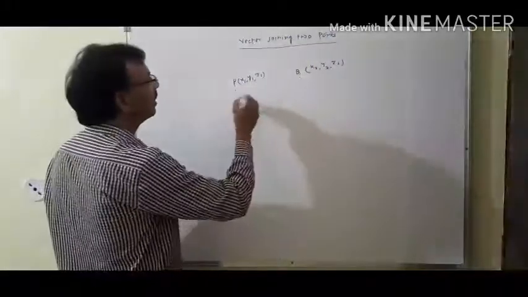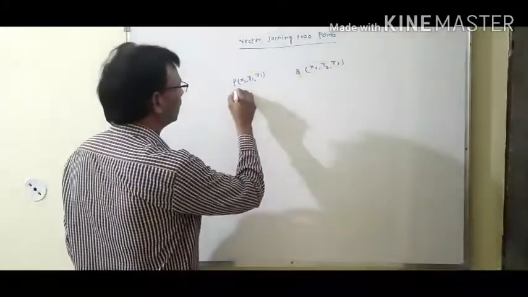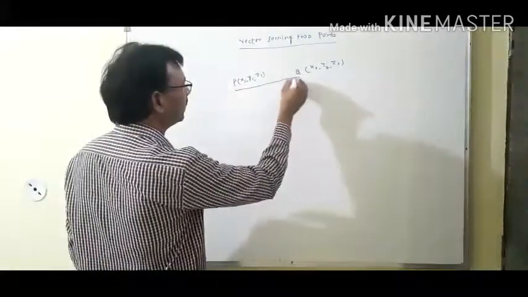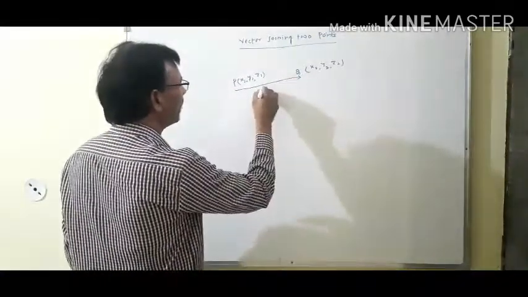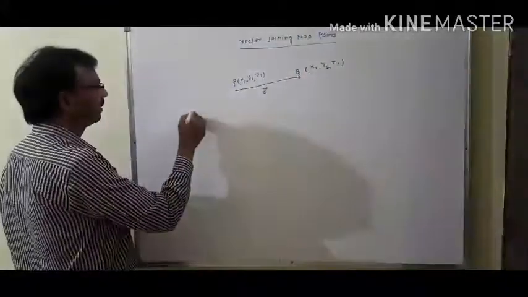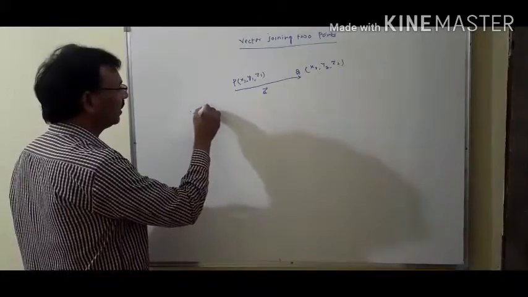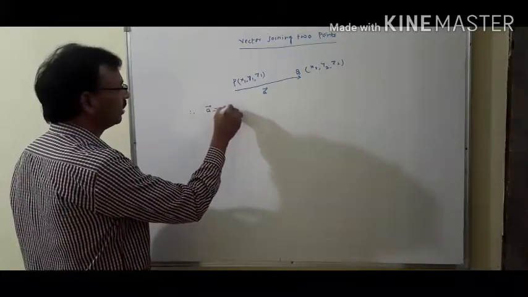Then the vector joining P and Q is represented by a vector A, and we can write in vector form A equal to PQ.